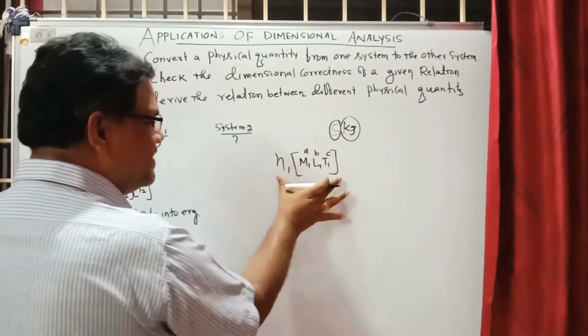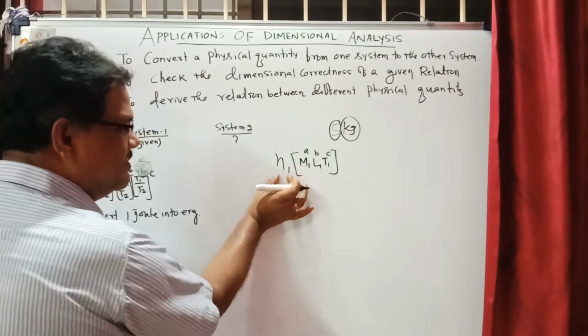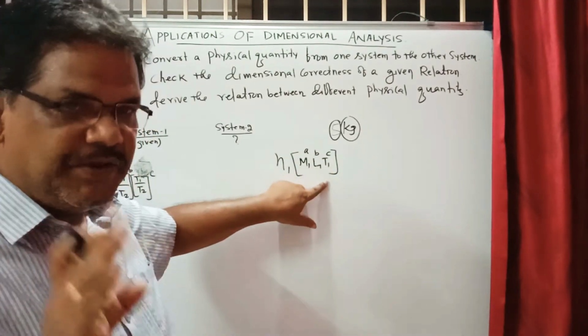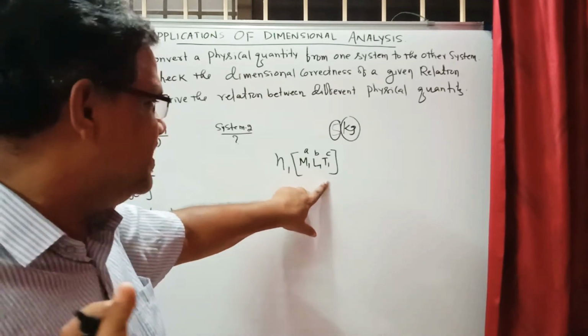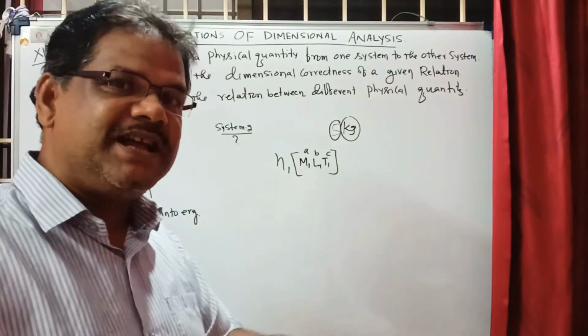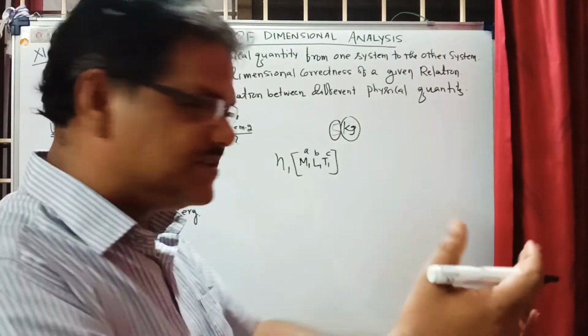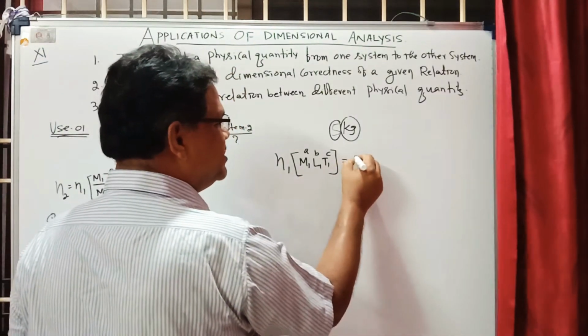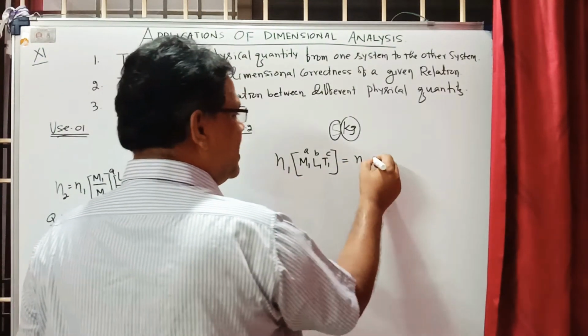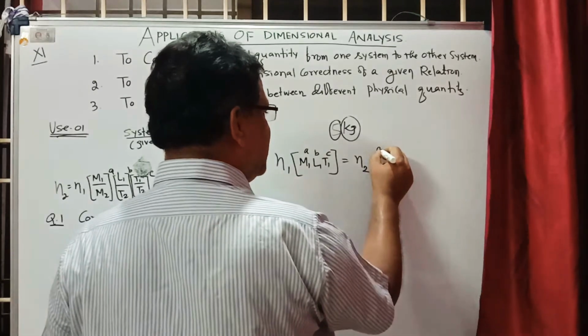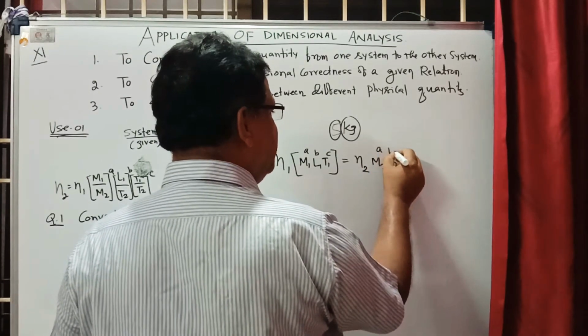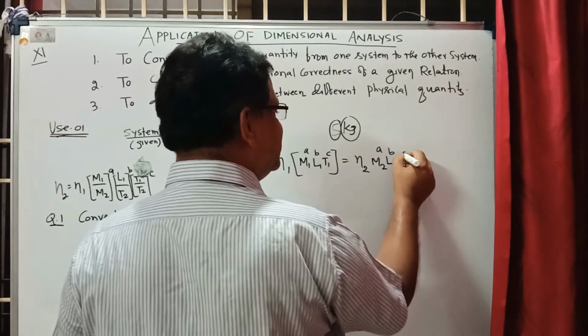This is the unit and this is the number, expressed in one system of units. The same physical quantity is expressed in another system of units, so n2 is the number, and the unit is m2 to the power a, l2 to the power b, and t2 to the power c.